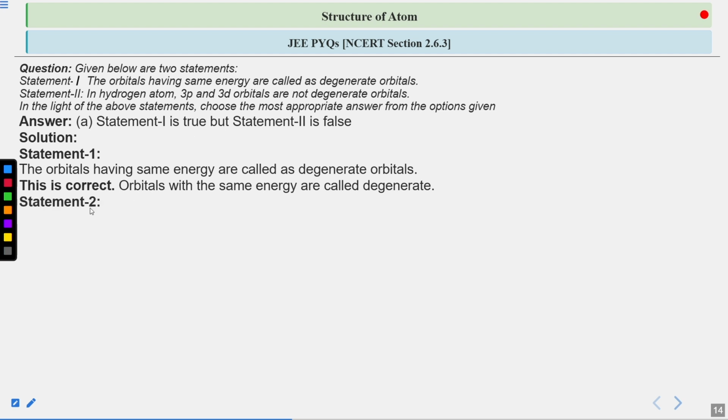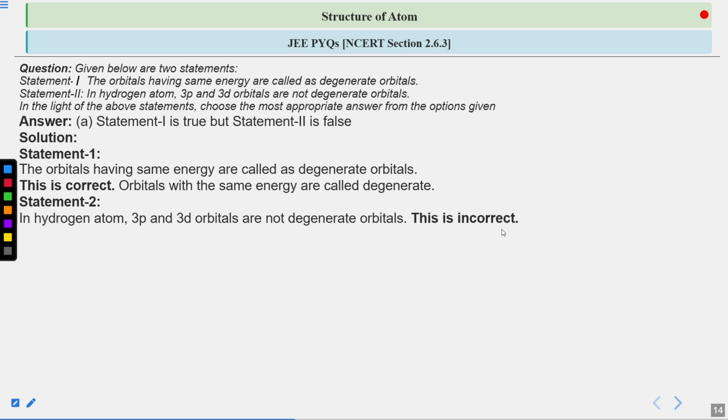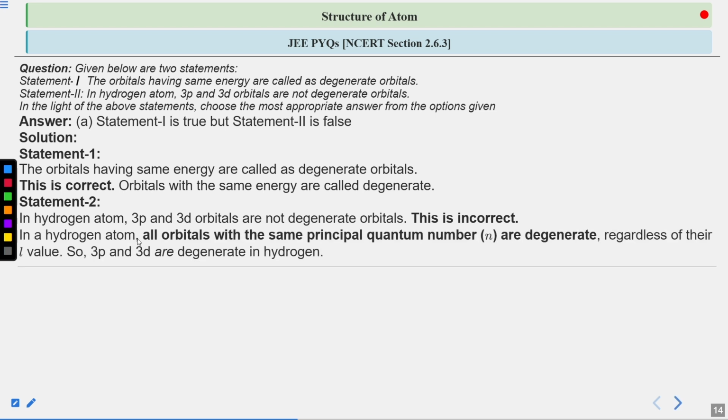Statement 2 on the other hand is that in hydrogen atom 3p and 3d orbitals are not degenerate orbitals. Now this statement is incorrect. In a hydrogen atom, all the orbitals with the same principal quantum number, that is n, are degenerate regardless of their l value.